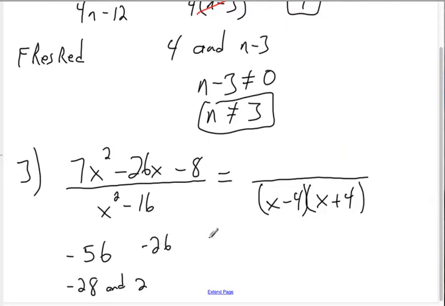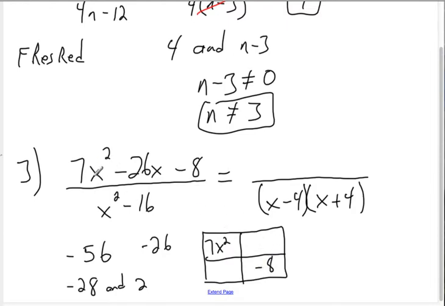So now I'm going to make my box. And so I get 7x squared from here, negative 8 from here, and then the negative 28 and the 2 from there. So I'm going to factor this.